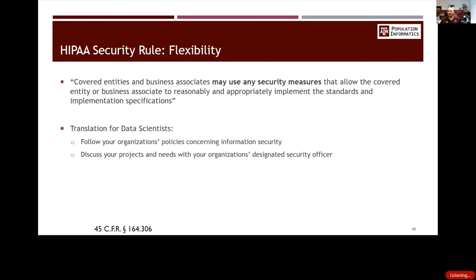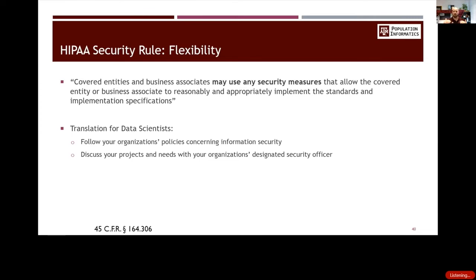Now, one of the important things to keep in mind with the HIPAA security rule is that it gives covered entities a lot of flexibility to implement any security measure that allows them to reasonably and appropriately follow the standards that are provided by law. So there's quite a bit of flexibility that's built into this.